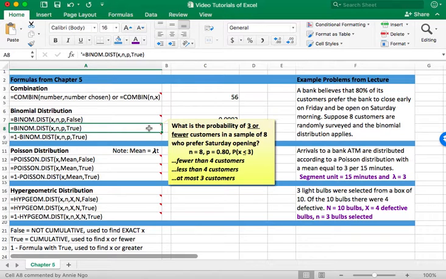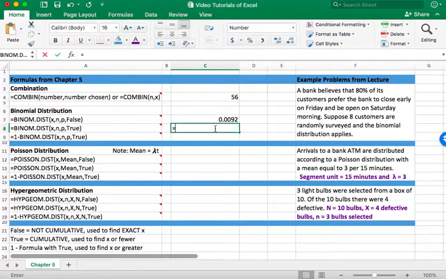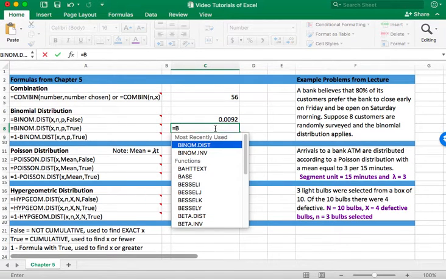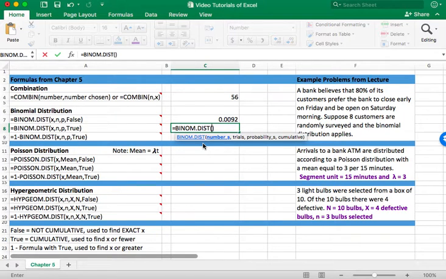So here you have to apply critical thinking to interpret your problem so that you can set up the appropriate probabilities. So let's go ahead and plug in what we want to know. So again, we've got our equal sign binomial distribution, and because we recently used it, you can just select it again. Our x, in this case, is 3 or fewer.